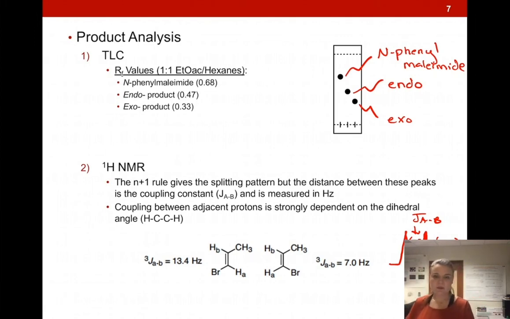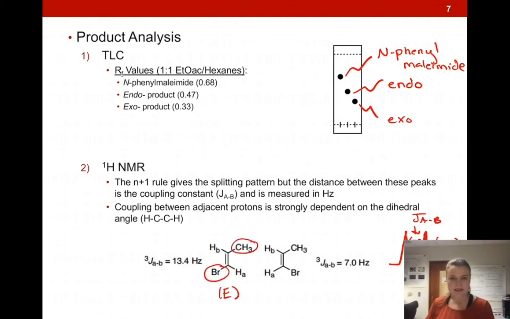But first, let's look at a more simple example using the isomers of bromopropene. Here on the left, you have the E isomer, or the trans, where your bromo and your methyl group are on opposite sides. On the right, you have the Z isomer, with your methyl and your bromide on the same side. What you need to notice, however, is the differences in their coupling constant values.